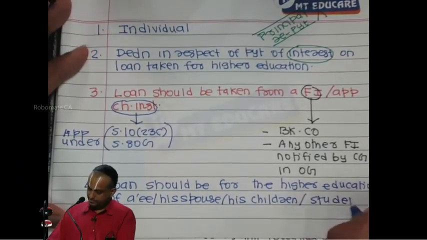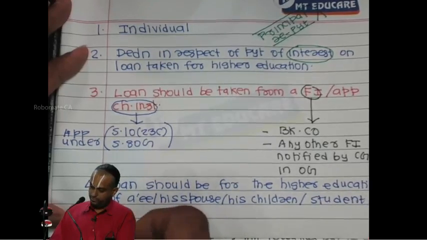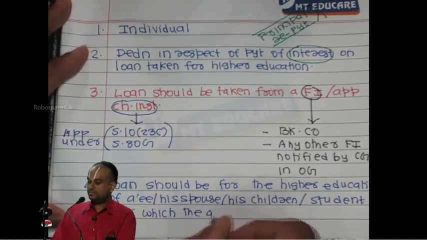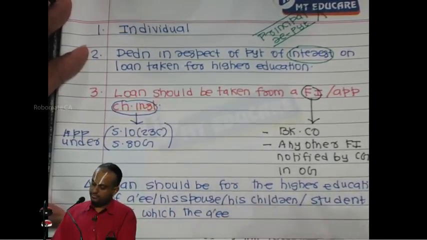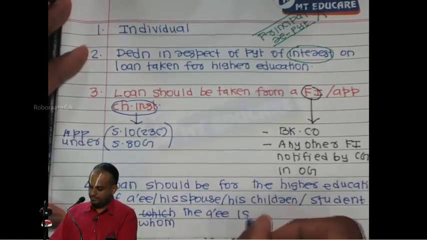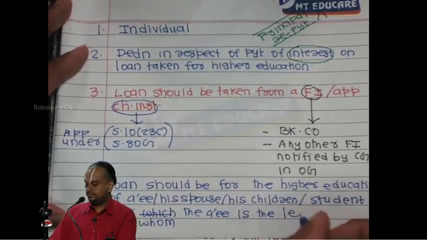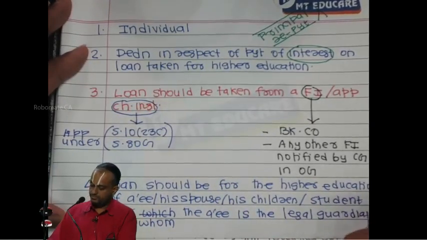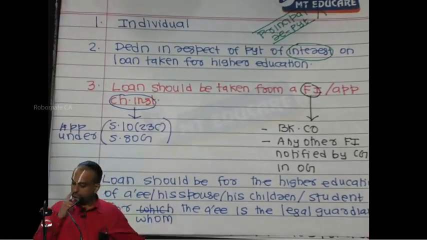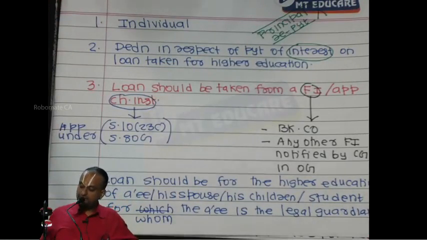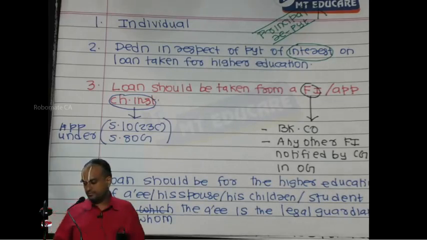Or a student for whom the assessee is the legal guardian. Loan should be for the higher education of the assessee or his spouse or his children or student for whom the assessee is the legal guardian.